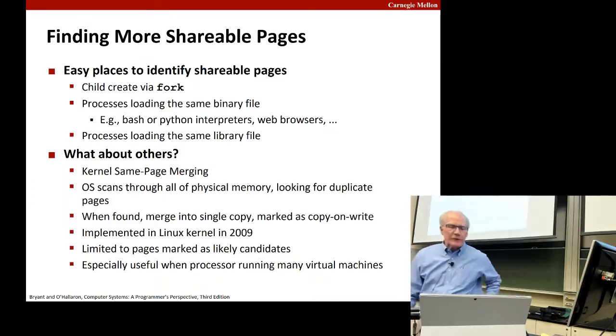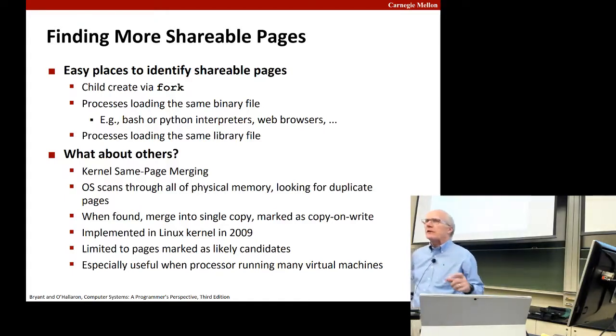One interesting thing I was just reading about is, now we've seen there are several different ways that the operating system can detect that two pages might be good candidates for sharing. We just saw it with fork. By default, everything is viewed as a candidate for sharing until it's not.